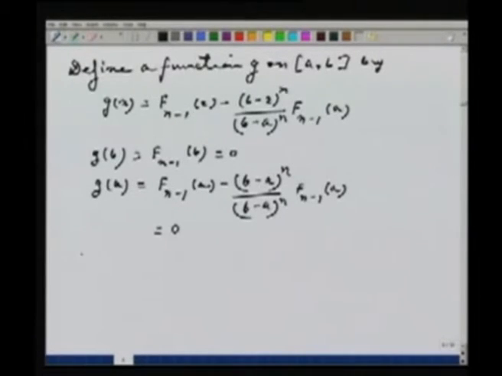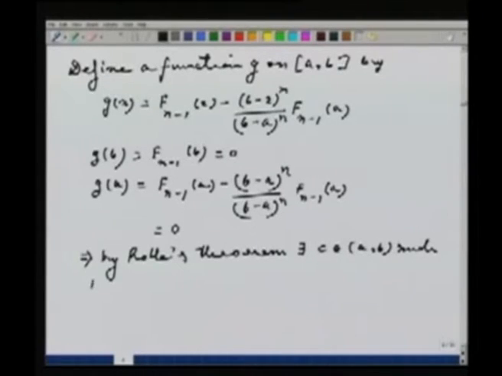So this implies, by Rolle's theorem, there exists c in the open interval (a,b) such that g'(c) is equal to 0.